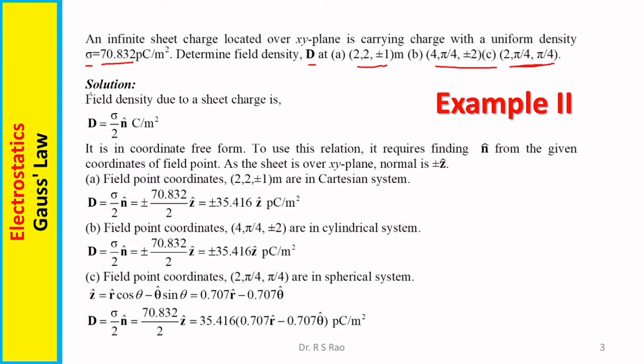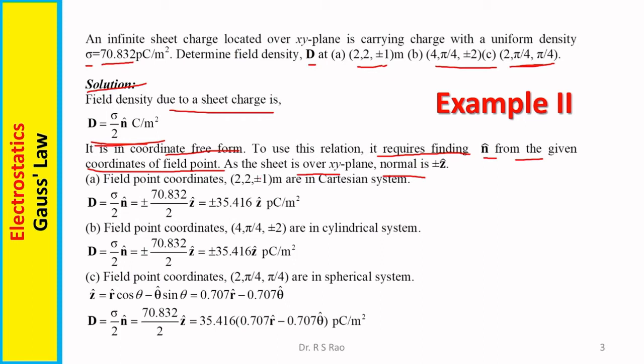Now solution. Field density due to sheet charges, this is the formula. Actually this formula is in coordinate free form. To use this relation, it requires finding n cap from the given coordinates of the field point. As the sheet is over the xy plane, normal is either plus z or minus z. Field point coordinates are 2, 2, plus or minus 1.